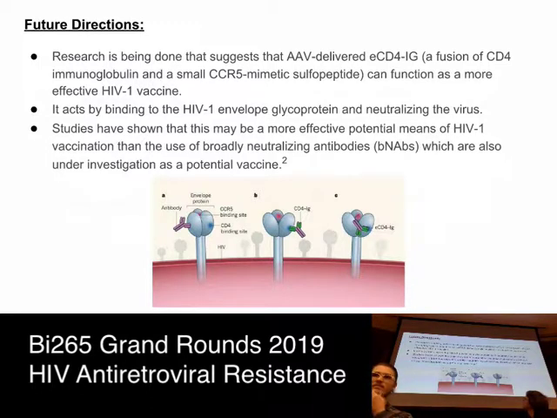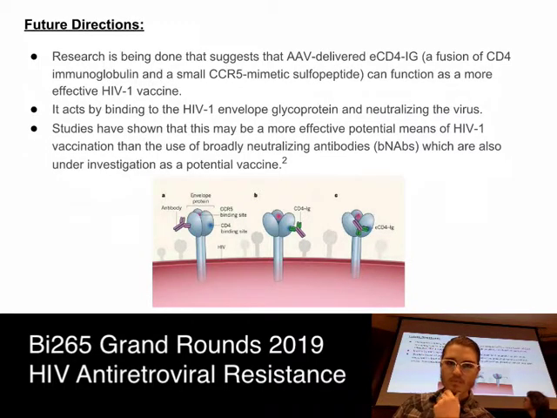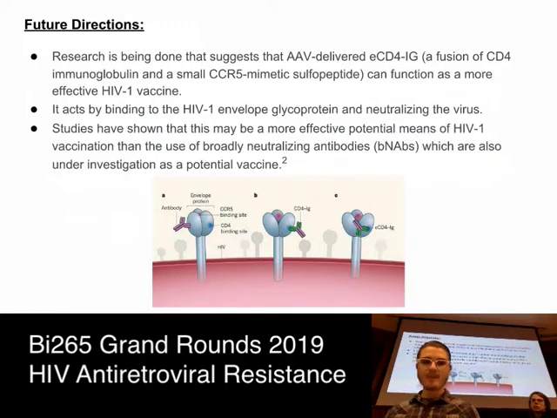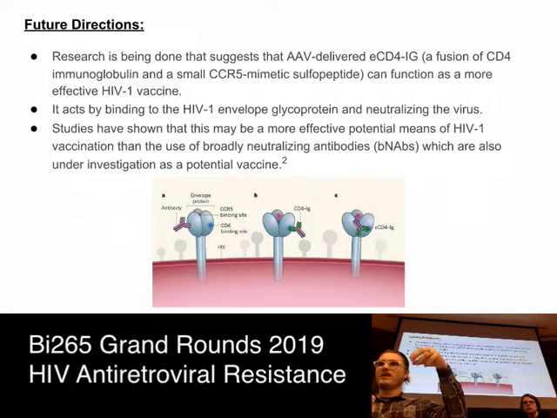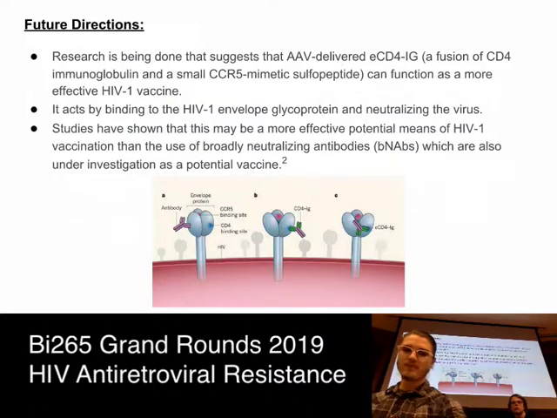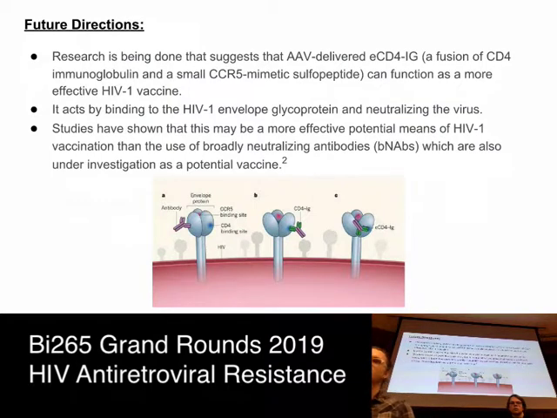It's being created to mimic CCR5, the binding partner. It's the epitope, the antigen for this glycoprotein. The glycoproteins of HIV have multiple binding sites, and CCR5 is, I believe, a peptide that interacts with that binding site.